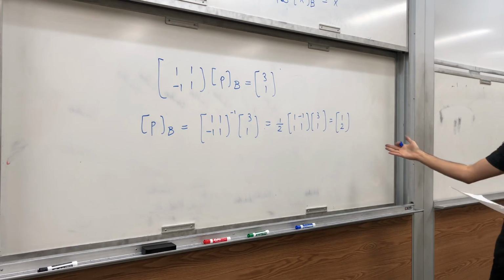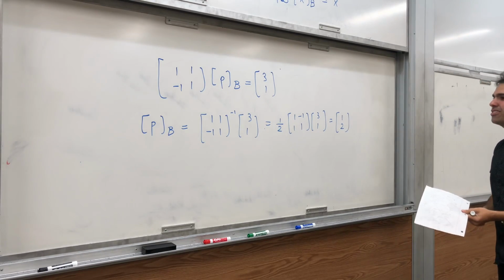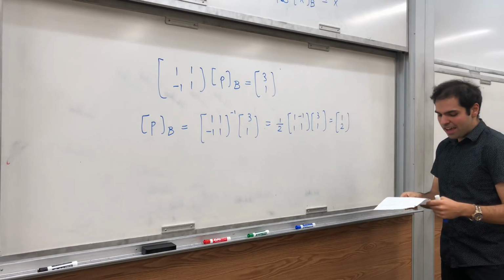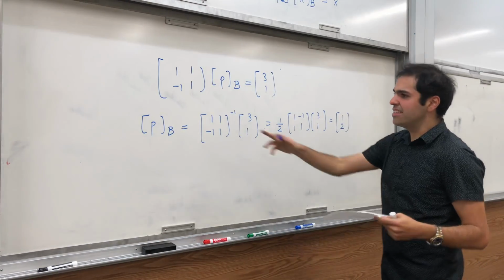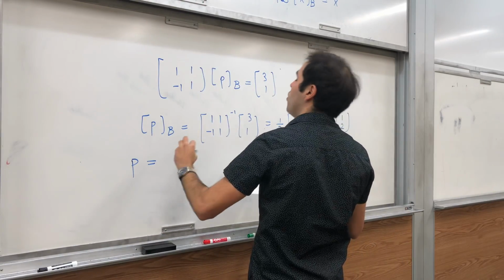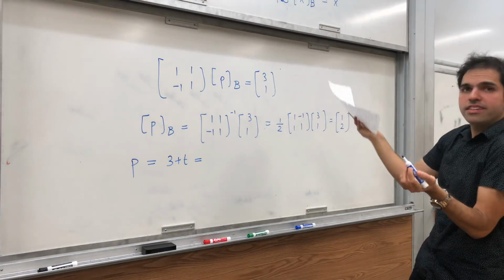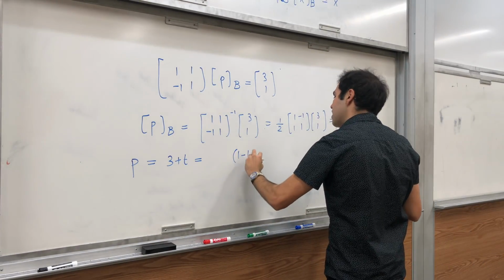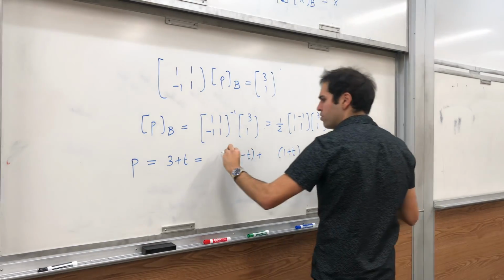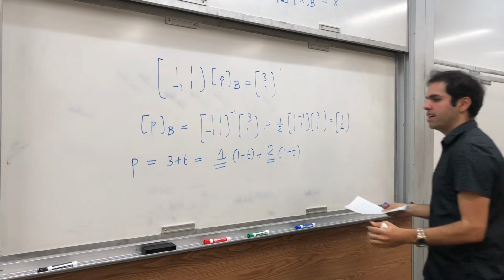Okay, but careful. Oh no, not careful. This is the answer. So really, because the coordinates are numbers, so that works. And what is this really saying? It says that P, which is the polynomial 3 plus t, in terms of our basis 1 minus t and 1 plus t, is just equal to 1 times this vector plus 2 times this vector.